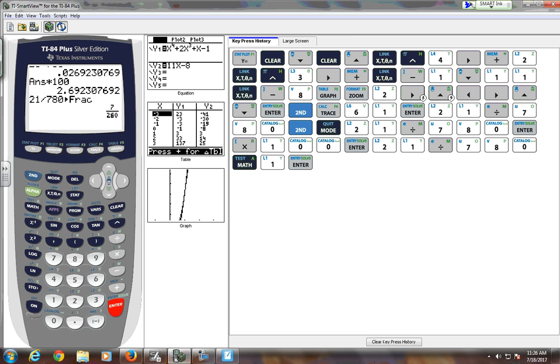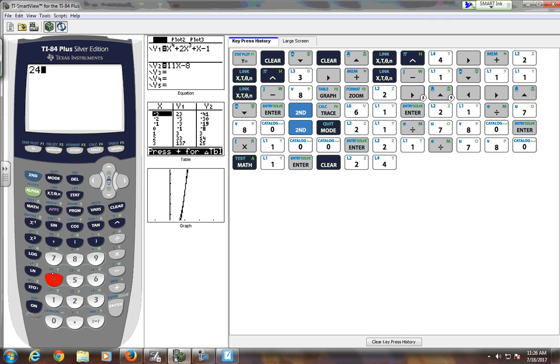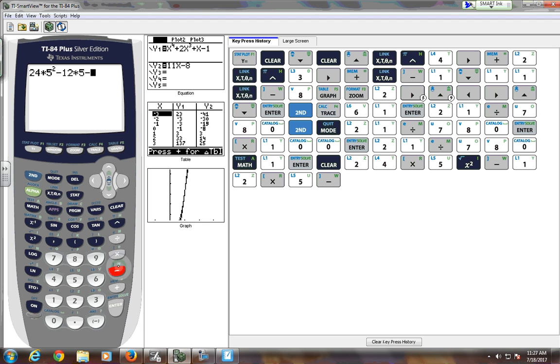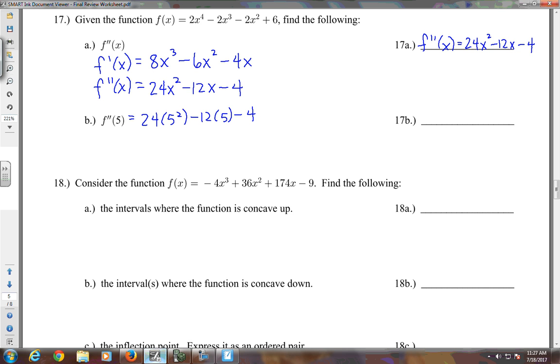It's a good way to avoid those simple little arithmetic mistakes that we all make sometimes. So we had 24 times 5 squared minus 12 times 5 minus 4. And we end up with 536. Remember, you can check all these answers in the answer list at the end of the review worksheet.